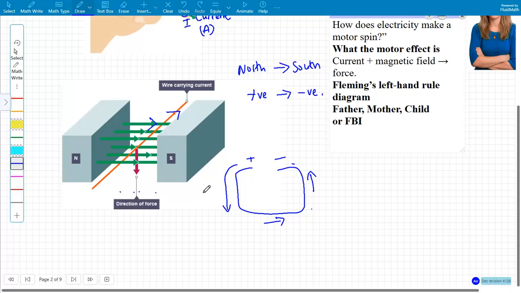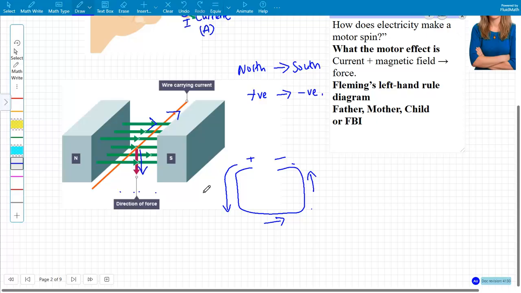Now what you'll find is that your middle finger is now pointing towards you. So you've got to turn your hand upside down, and then you'll find that your thumb is now pointing downwards. Okay, and when it's in that position, that's the right answer. So if the question was, what is the direction of the force, then you would say downwards, or something to that effect, because that's the answer.